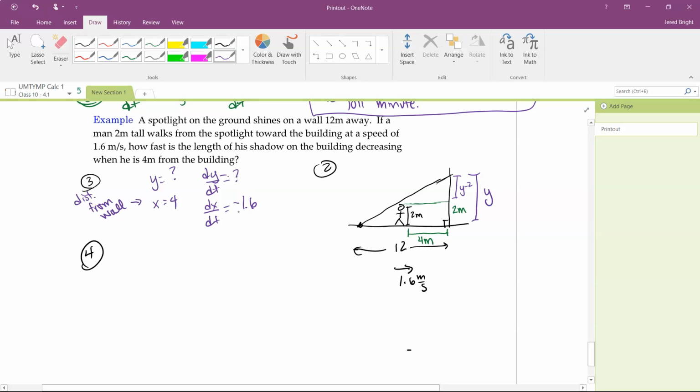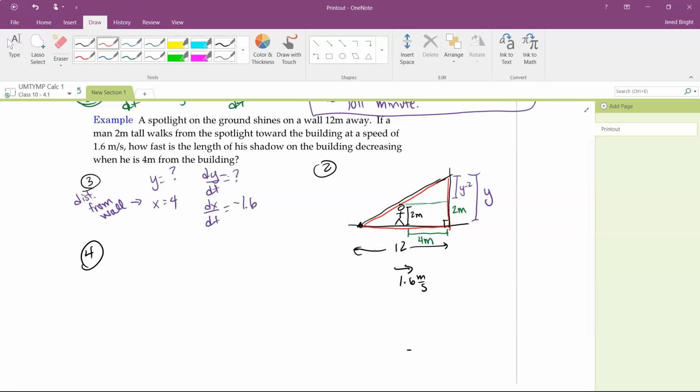Again, I still don't see what's going on geometrically here, and that's because we need to zoom out just a little bit. If we think carefully, we have one large right triangle, right? And we know that the horizontal component is 12, and the vertical component is y.